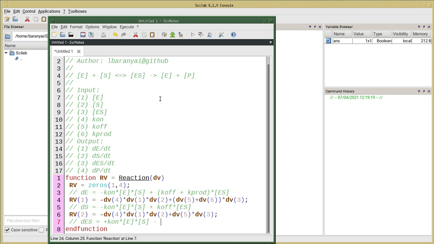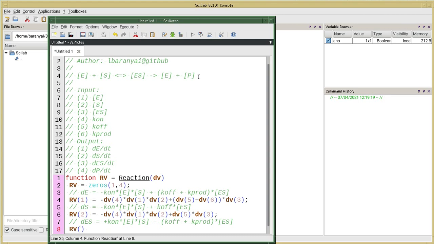And minus, we can see that the enzyme substrate complex is dissociated in one direction back to enzyme plus substrate, the original state, and also in the other direction forming the product. So minus, again, k-off plus k-production, the kinetics, multiplied by the concentration of the enzyme substrate. This is driving the reaction.